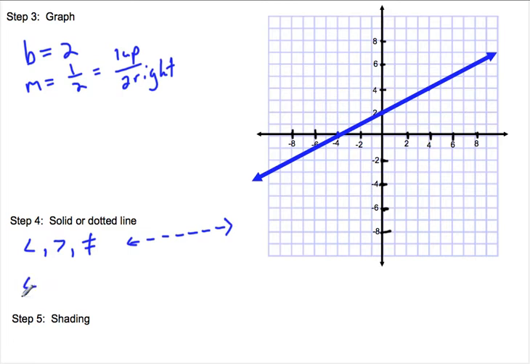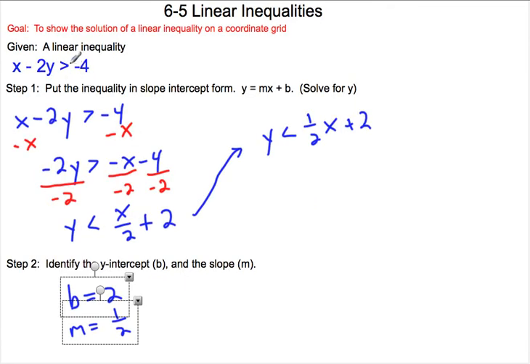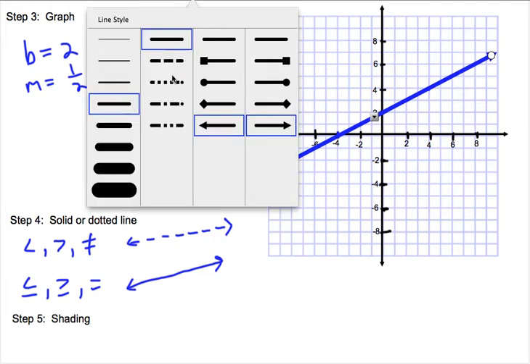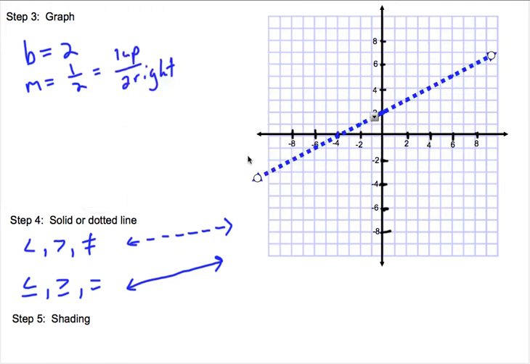If the inequality looks like this, this, or it's actually an equation, then it would be a solid line. So it's a greater than, so it's one of these. So we need to go back and make this a dotted line. There we go. So now it's dotted.